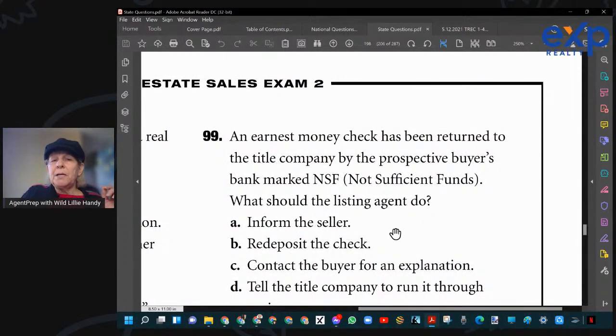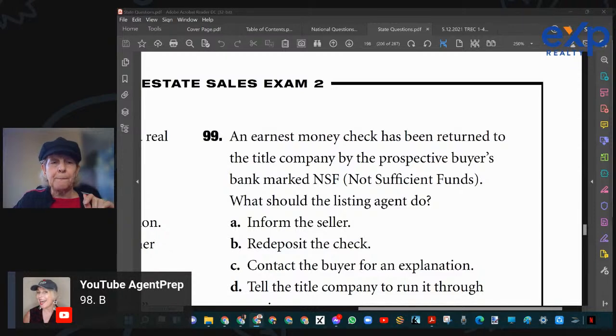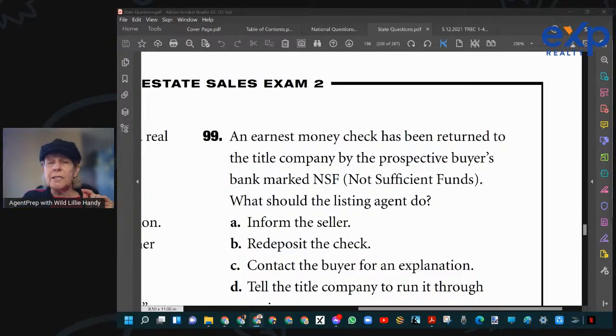An earnest money check has been returned to the title company by the prospective buyer's bank, marked NSF, not sufficient funds, right? So what should the listing agent do? A, inform the seller. B, redeposit the check. C, contact the buyer for an explanation. Or D, tell the title company to run it through. Who's our fiduciary responsibility due to? To whom?